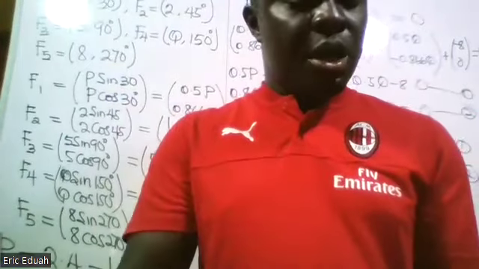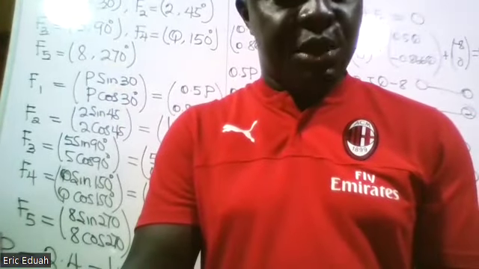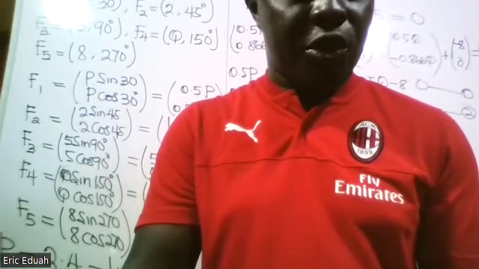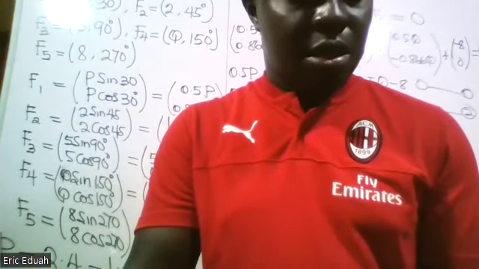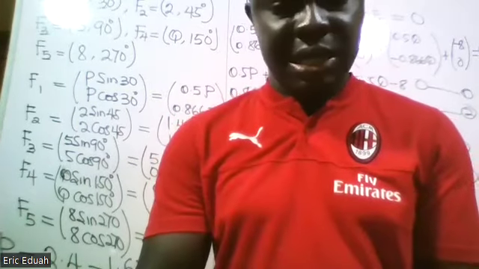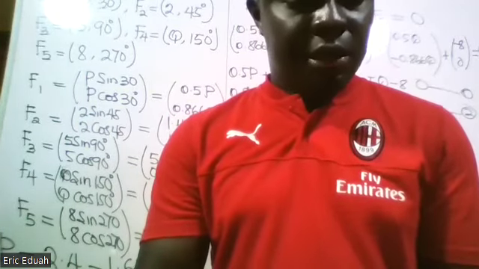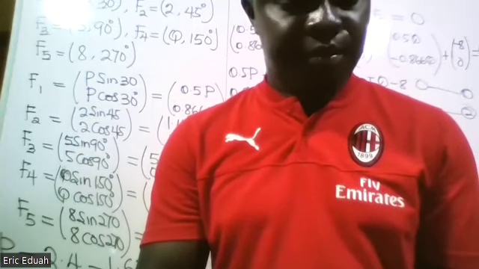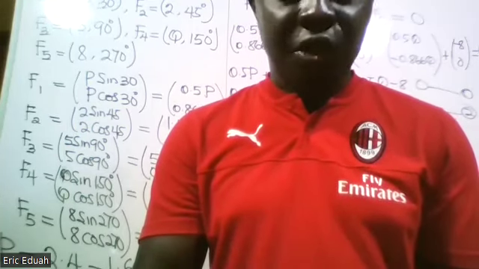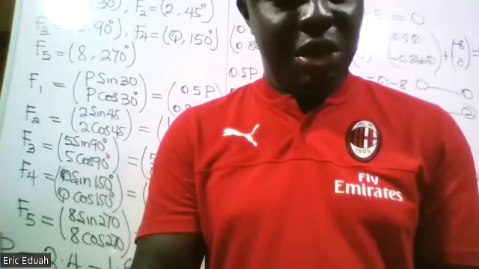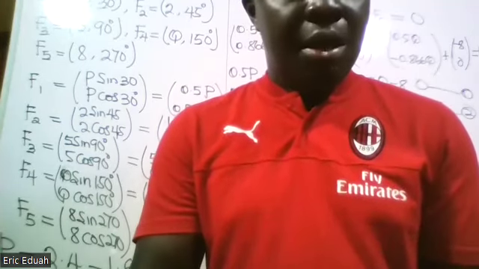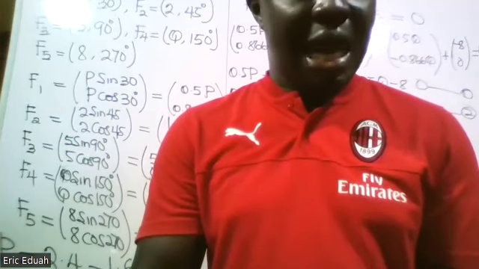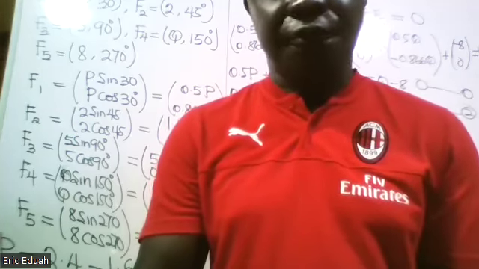A broken down vehicle is being pushed by 3 men with respective forces: 22 Newton acting at 30 degrees, 315 Newton acting at 90 degrees, and 240 Newton acting at 120 degrees. Calculate the magnitude and the direction of the resultant force.